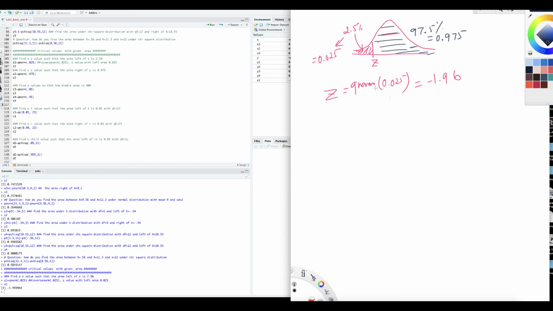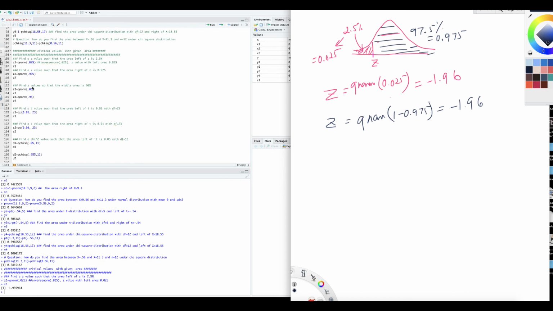How do you find the G value? You do G equals Q norm, and since the right area is given, find the left area first. The left area is 1 minus the right area, so 1 minus 0.975. That gives you negative 1.96 again. Whether the left area is 0.025 or the right area is 0.975, you get the same number, because that's the boundary of those two areas.